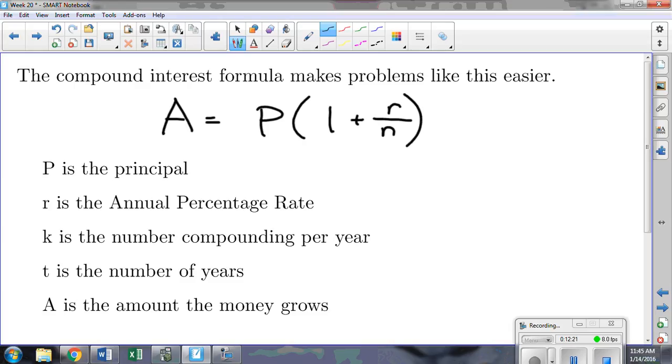And then you'll have the number of compounds multiplied by the number of years. Oh, I had the variable backward. Well, it's just a dummy variable, but n is the number of compounds per year. I had written k previously. We'll just make those match.